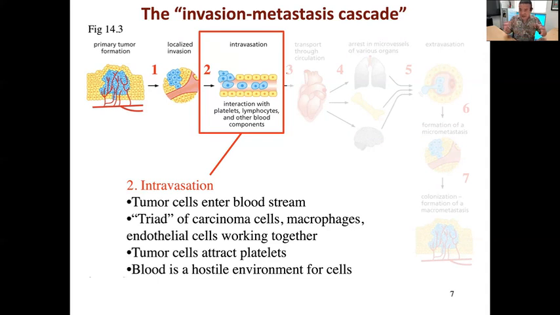So as these cells are spreading through the stroma, they're going to be coming up against capillaries. And because of their newly found liking of associating with things like endothelial cells, they are going to now enter the capillary circulation. So this is step 2, intravasation.